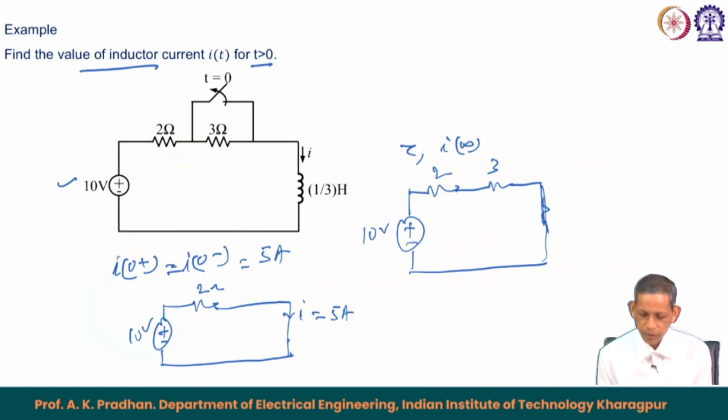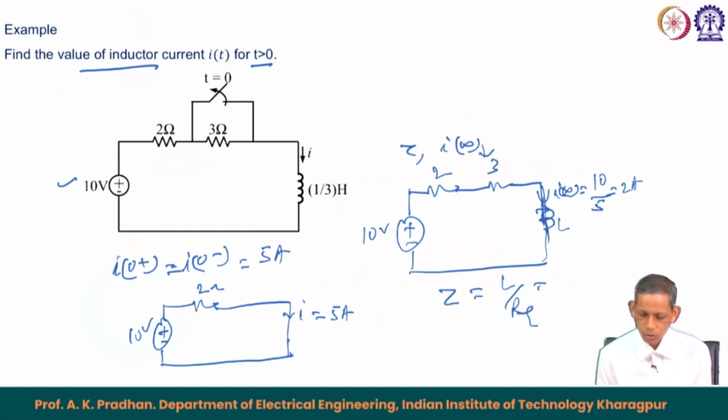So, in the I infinity perspective, this becomes 10 by 5, that becomes equal to 2 ampere. And then the tau happens to be there, the inductor with this L. So, that L happens to be L by R equivalent, or R Thevenin.